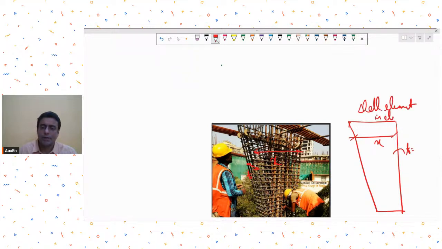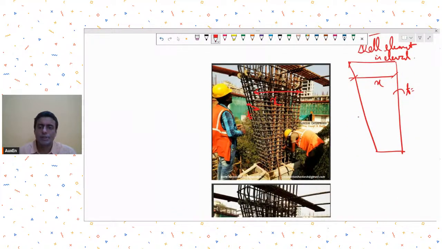So in ETABS, you model a shell element like this, and then the profile of this flared column can be provided in this manner. This X is varying, the thickness is the same. So the shell thickness you give from the property definition, and this geometry you give by varying this dimension. This can be one of the ways.